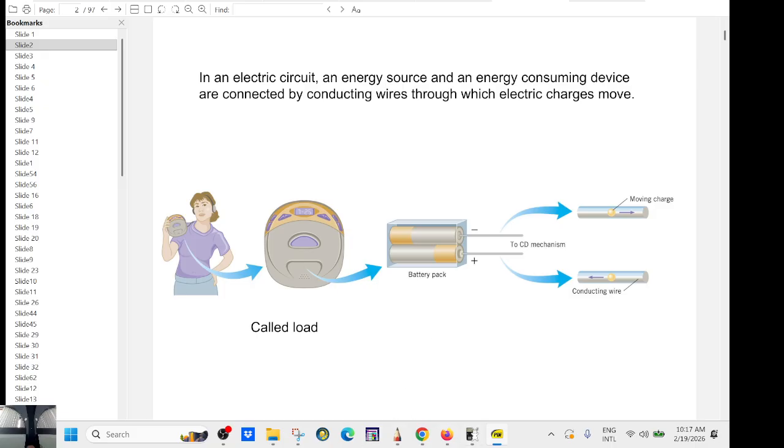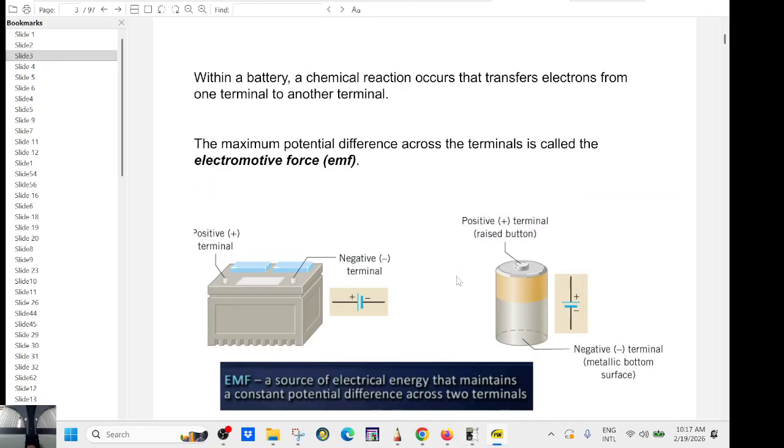Okay, so this is a load, power supply. The source of energy in a power supply is called the EMF. If you have a car battery and a voltmeter, you're going to read 12 volts. But as the battery gets older, you still have the same EMF of 12 volts, but if you put a load, the battery is going to steal, it's going to take away some voltage.